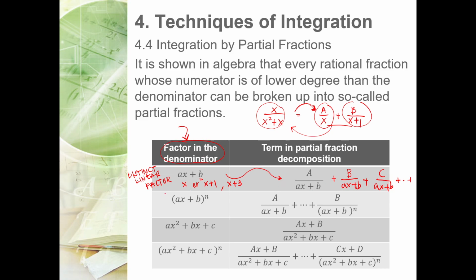Okay, so in the next line, you have ax plus b raised to the power of n. This one is still a linear factor, but it's raised to the power of n here. So instead of distinct linear factor, we have a repeated linear factor.